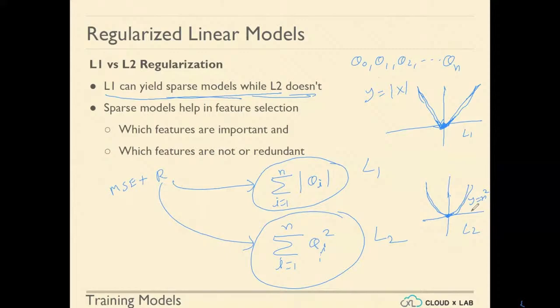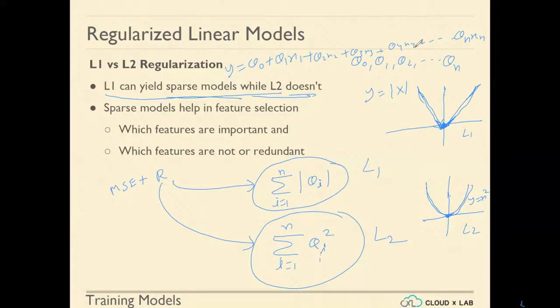Okay. So since here you can make theta I zero, what model are we learning here? Model is something like this: y is equal to theta 0, then theta 1 times feature 1, theta 2 times feature 2, theta 3 times feature 3, theta 4 times feature 4, and so on, let's say theta n times xn, if I am having xn feature.